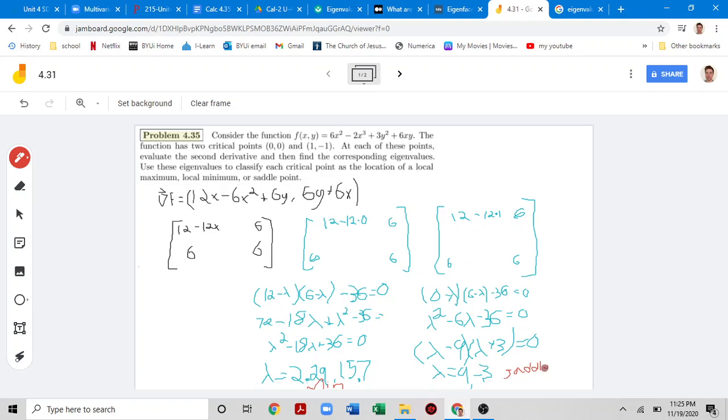You've got to remember which point is which. It's going to be a saddle at this point right here, because this is the one that we use to get here. And it's going to be a minimum at this critical point, right there. And that's how you do it.